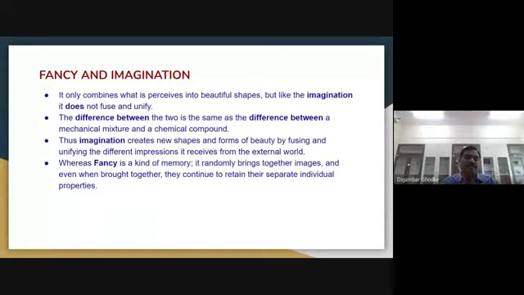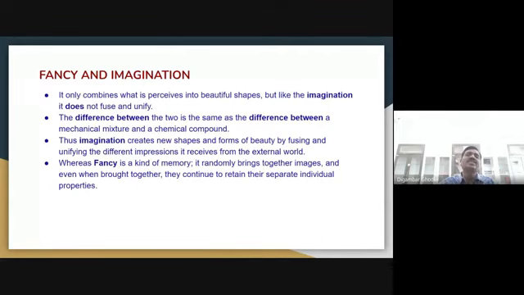So here lies the difference between fancy and imagination. Fancy is something like that blended substance, by using your mixer, it is a kind of blended substance. Whereas imagination is a chemical compound.